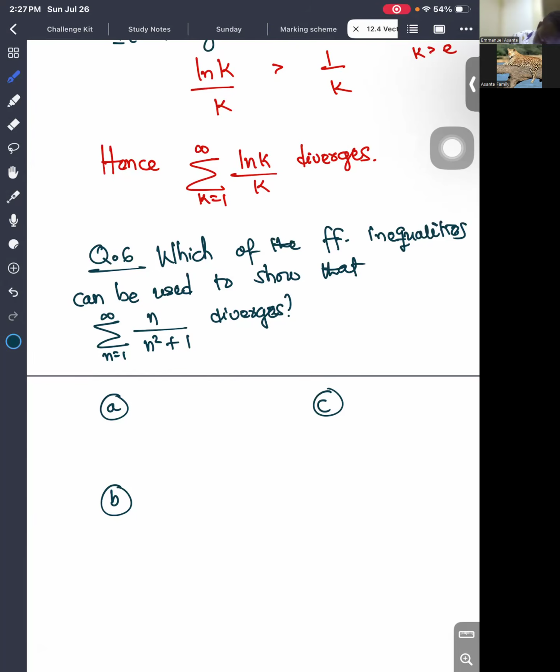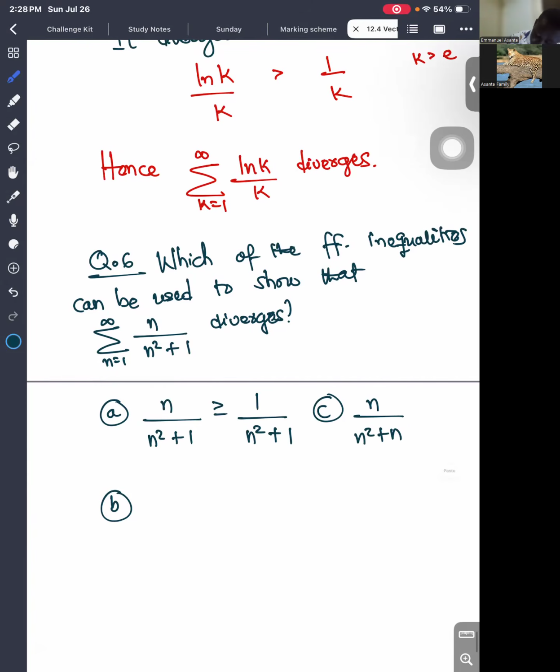The first one is that n over n squared plus 1 is greater than or equal to 1 over n squared plus 1. The second one is n over n squared plus 1 is less than or equal to 1 over n. The third is that n over n squared plus 1 is greater than or equal to 1 over 2n.